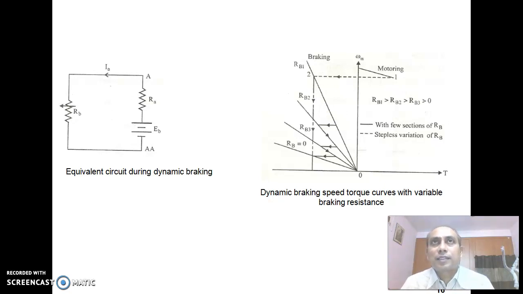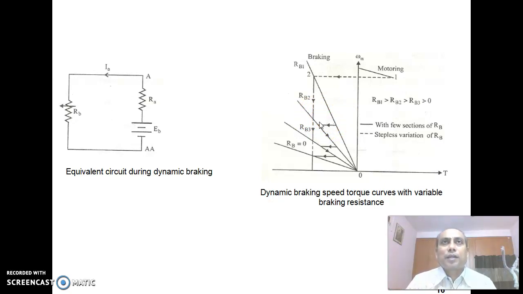The braking resistance RB can be reduced manually to keep the braking current high.